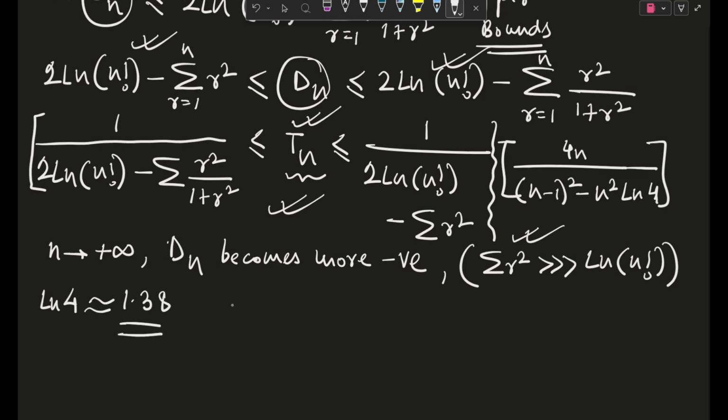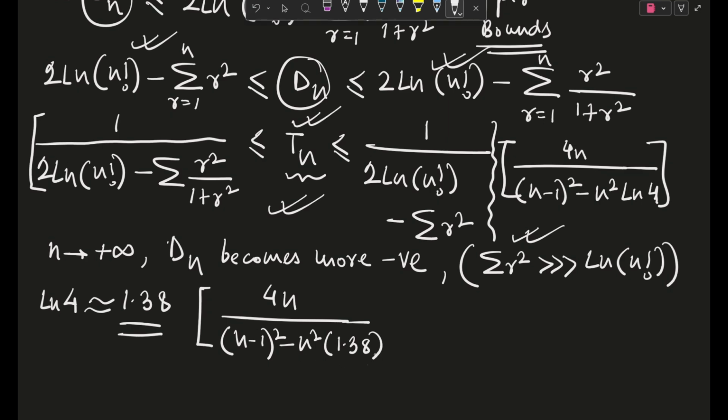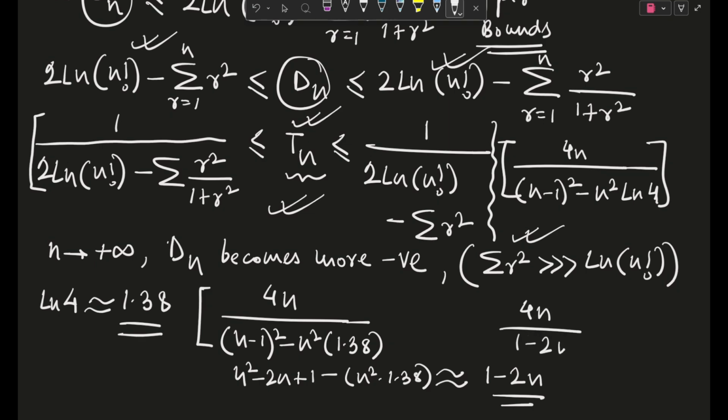So this thing would become 4n divided by (n minus 1) whole square minus n square times 1.38. Now if I do a little bit of approximation here, 1.38 is very close to 1, right? So n square minus 2n plus 1 minus n square times 1.38 will come very approximately to about 1 minus 2n, right? I'm treating these two as equal in the approximation. So 4n by 1 minus 2n.